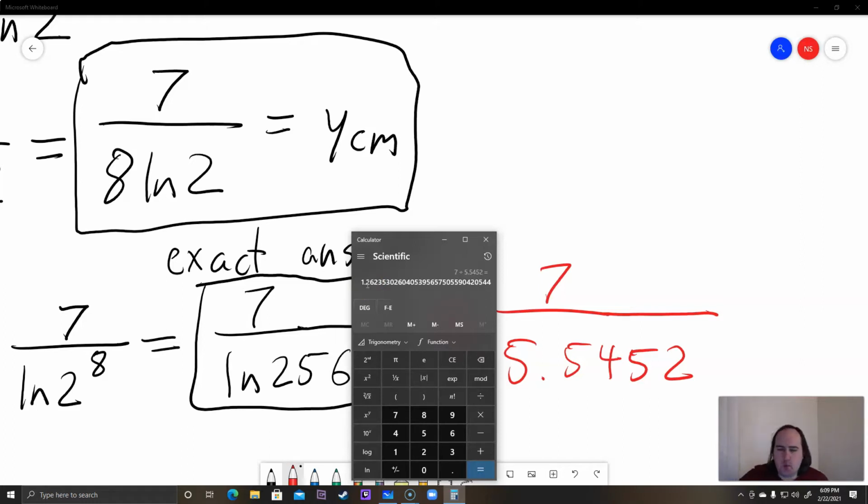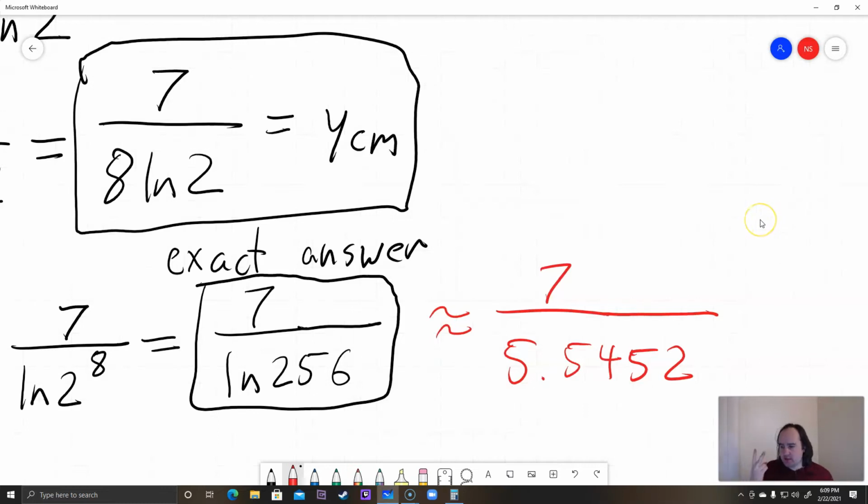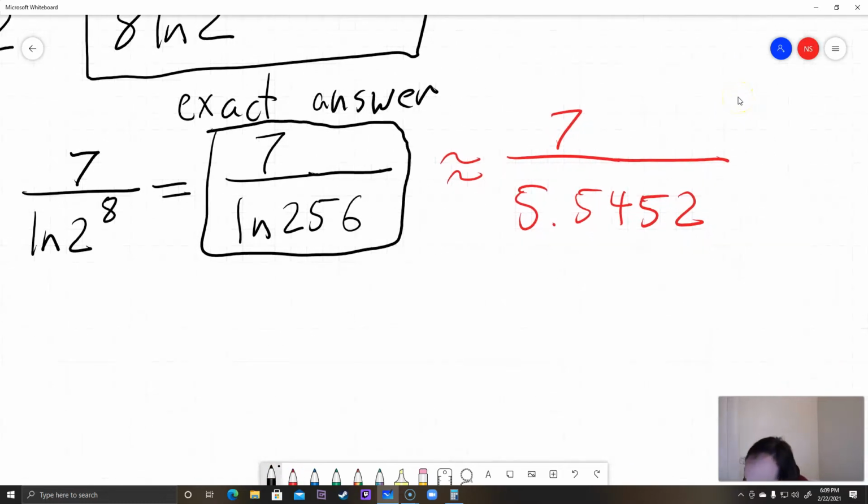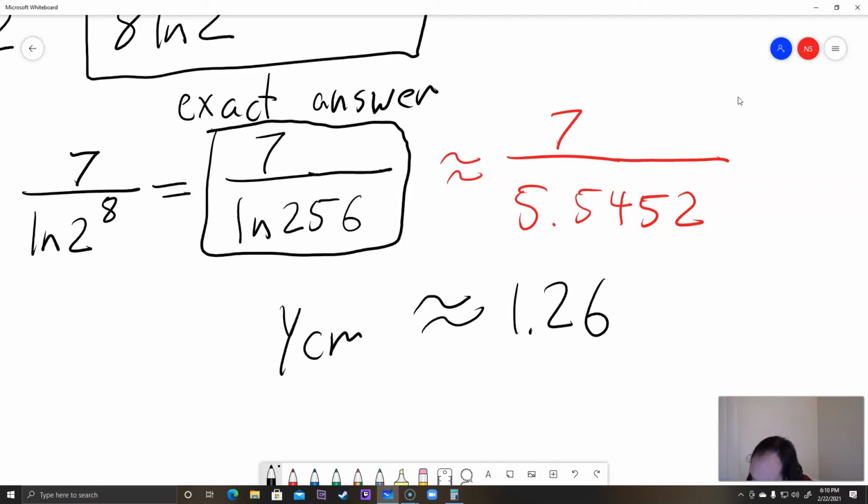Yeah, 1.26. They round these to 2 decimal places, so that's why I'm doing that. So this is approximately 1.26, and that's our y center of mass.